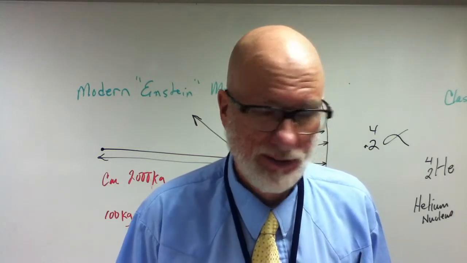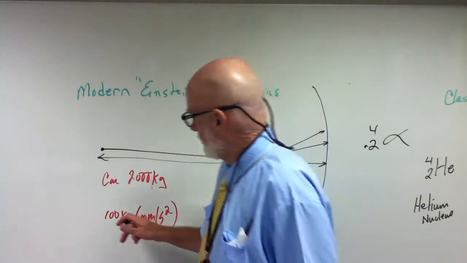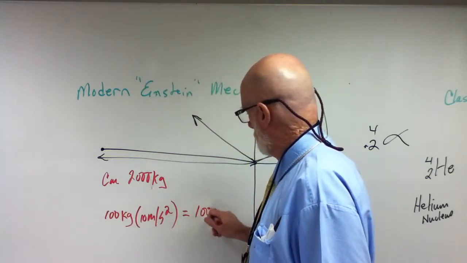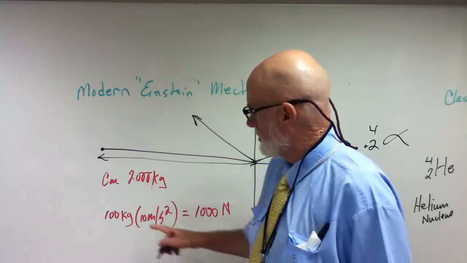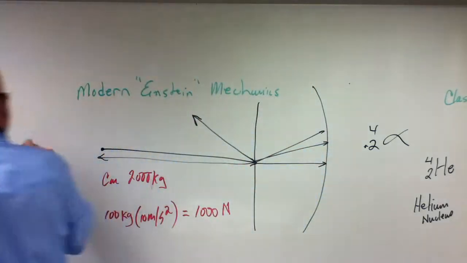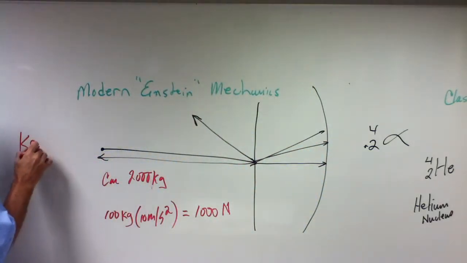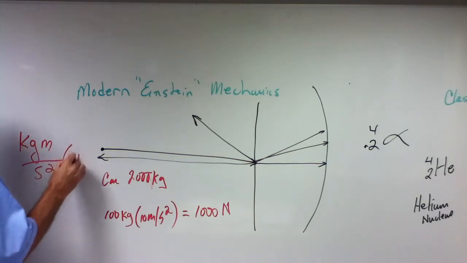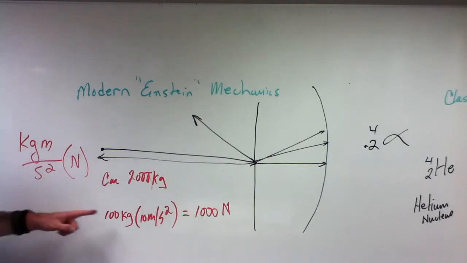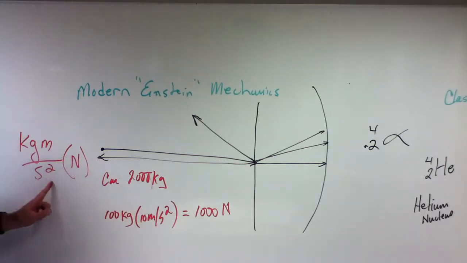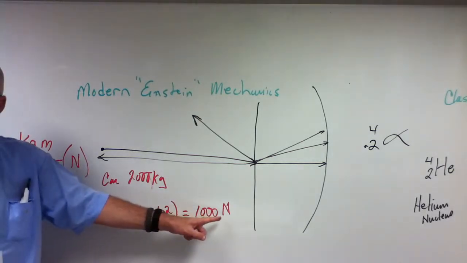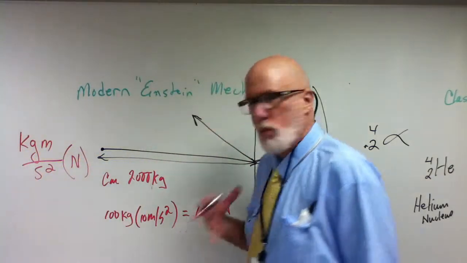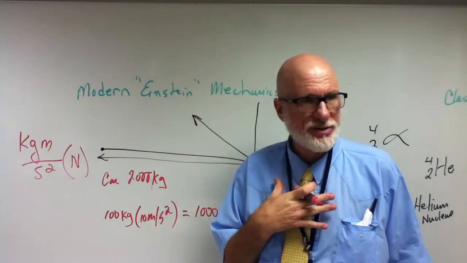You sure? Okay. So I'm 1,000 newtons. Kilogram meters per second squared. That's called a Newton, after Sir Isaac Newton. So my weight is 1,000 newtons.